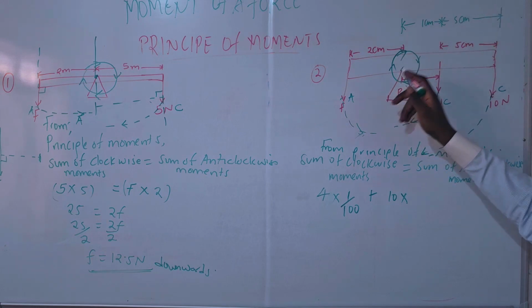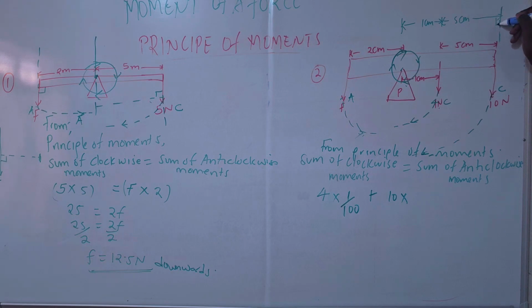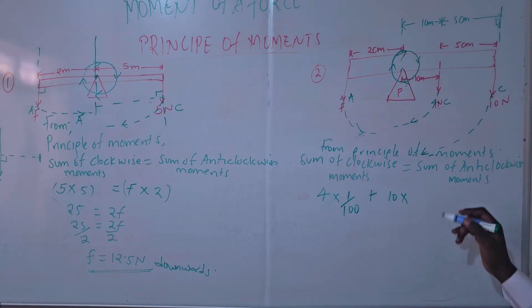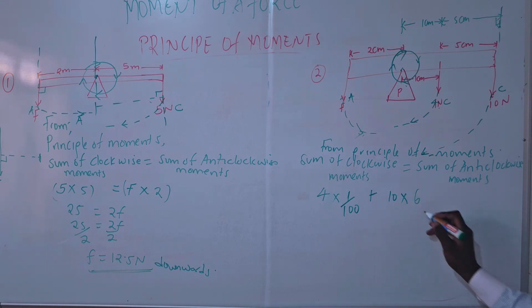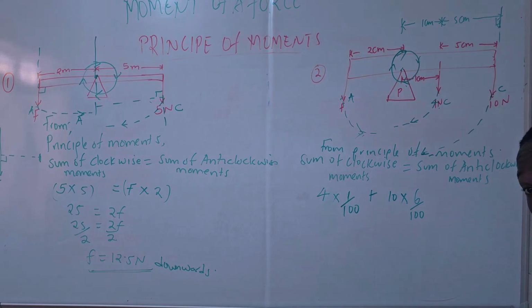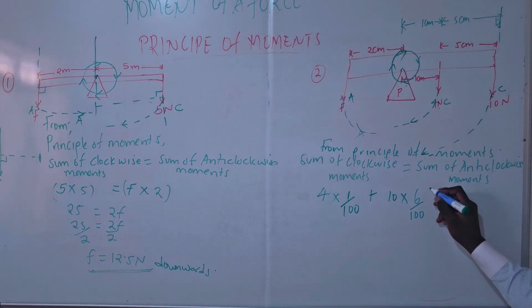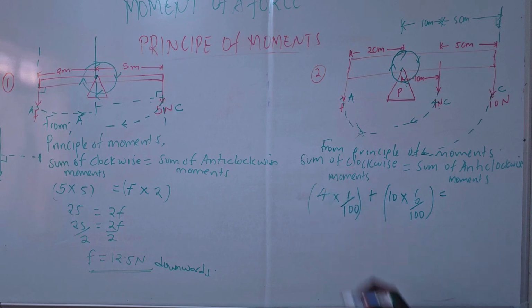It has to be from here. This is our perpendicular distance, 90 degrees. So that is 1 plus 5, it is 6. Not 5, not 1. Convert it into meters. Put them in brackets. Clockwise is done.